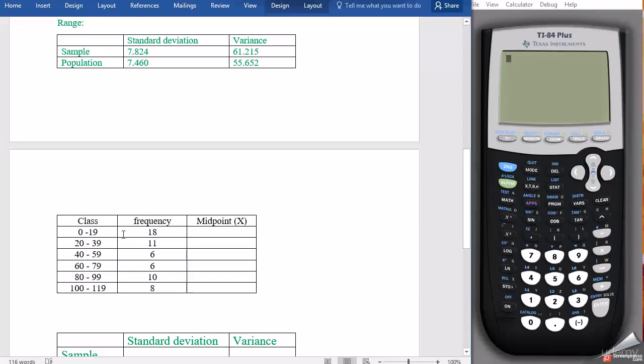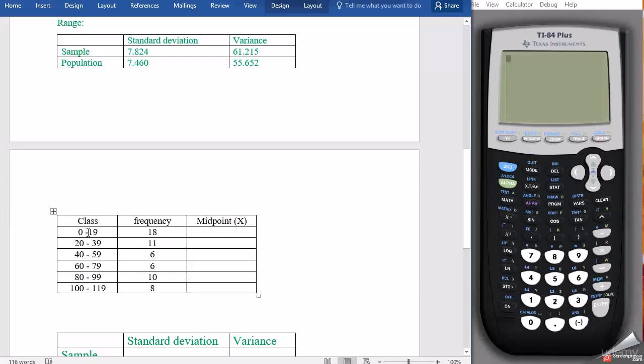Okay, so to do this we're going to use the TI-84 Plus, and you can see we have six classes right here, and we have frequencies. We cannot use the classes in our TI-84 Plus for doing any math. We're going to find a number that represents each class, and that number we're going to call the midpoint.